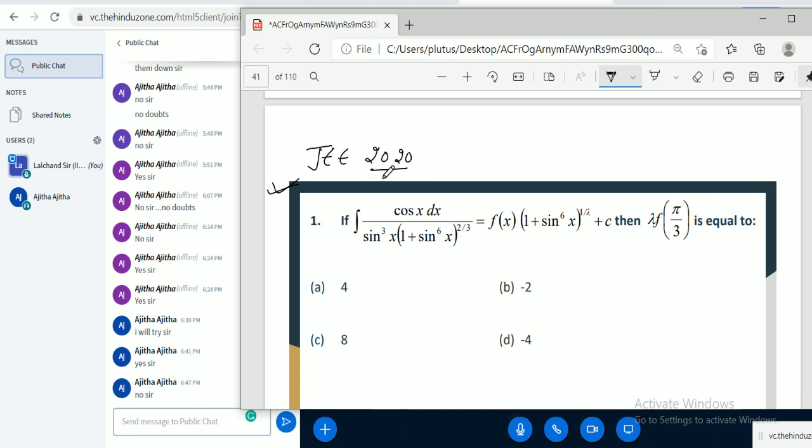So can you solve this question? This question is based on basically substitution. We have discussed substitution method and few problems on substitution. So can you now solve this question? Because JEE asks mostly simple and straightforward questions on substitution.